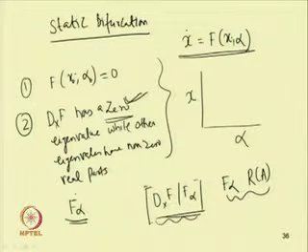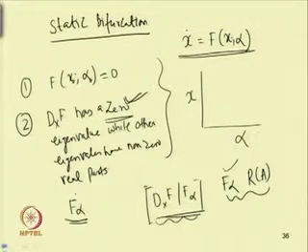In case of a saddle node bifurcation point, we have to construct the DxF and F alpha matrix, and check whether this F alpha belongs to the range of A. If it does not belong to the range of A, then we can tell this is a saddle node bifurcation. Otherwise, it may be a transcritical or a pitchfork bifurcation point.